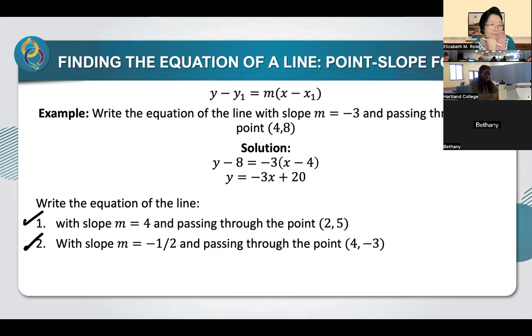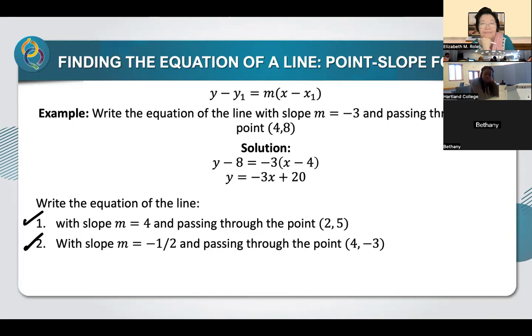For number 1 is what? Is that 4x minus 7? Is that correct? Okay, so you got y minus 5 equals 4 times x minus 2. So you have a 4 times minus 2 is minus 8. Then you transfer your 5 to the other side.